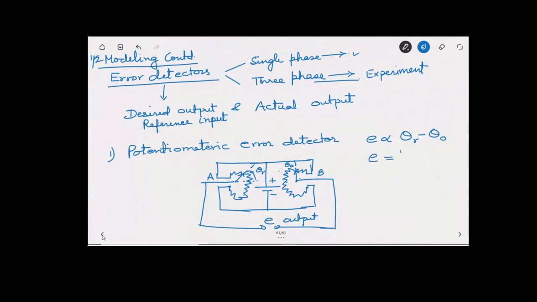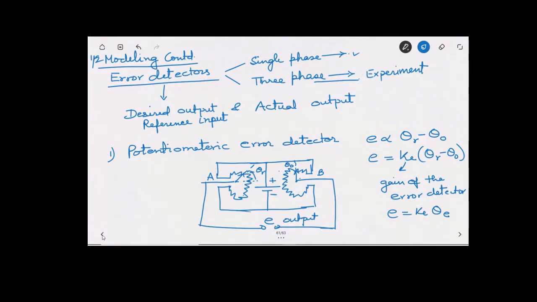or we can say E is equal to Ke times theta r minus theta naught, where Ke is known as the gain of the error detector. It is expressed as E is equal to Ke theta E, so theta E is theta r minus theta naught.